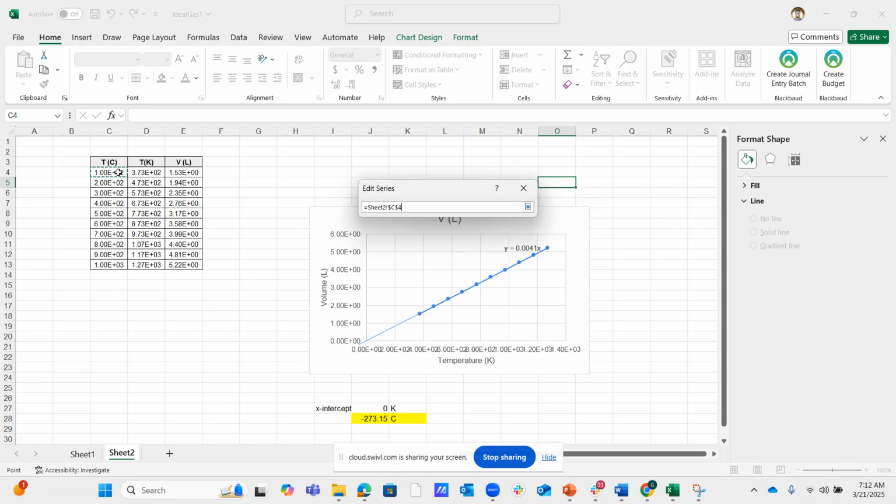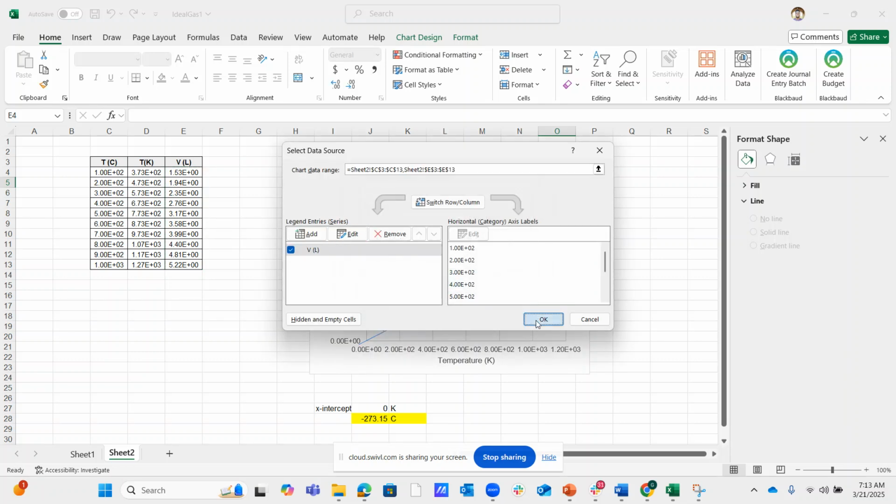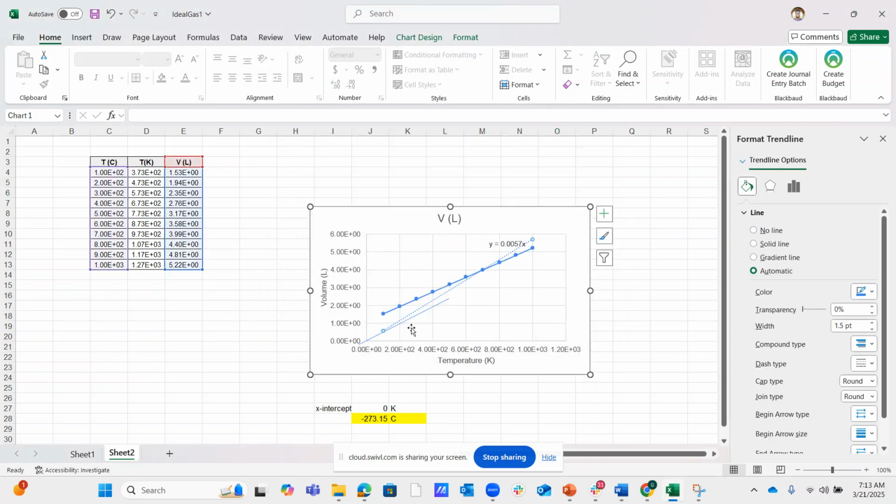So I want to tell Excel to use these values now. Good. And now these are my y values. They're good, and I can do OK. Great. Now as you can see, Excel just did a new graph for me. This is the new graph using the values we had for Celsius.